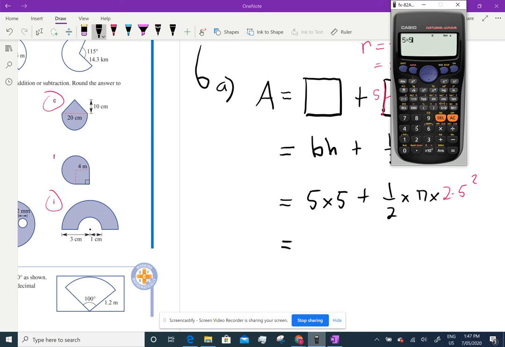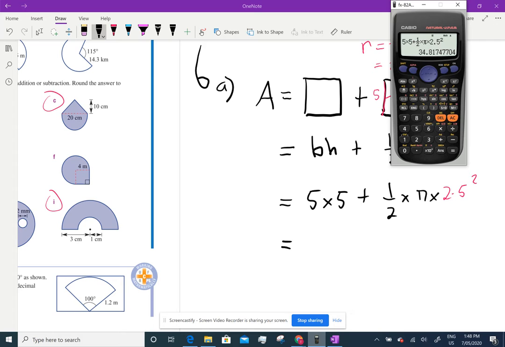5 times 5 plus a half times pi times 2.5 squared.